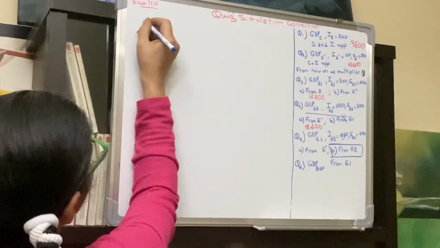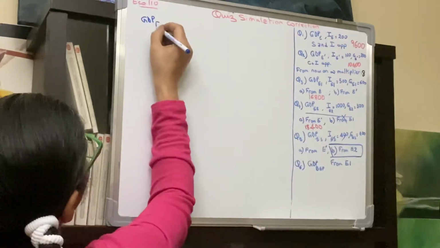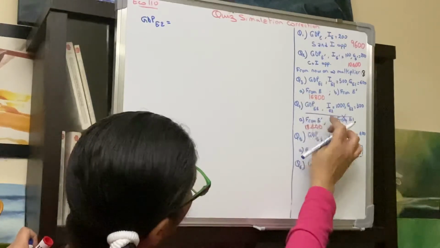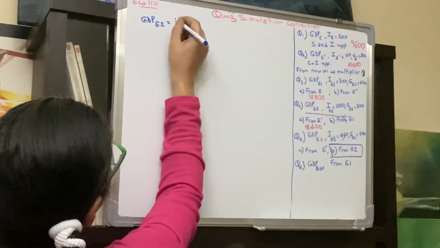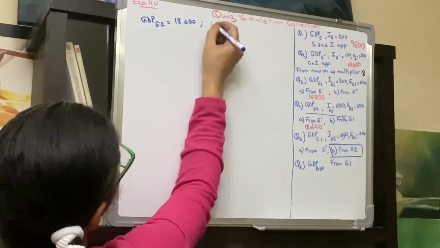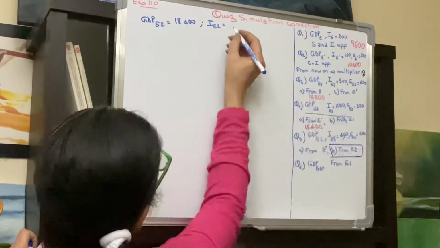So, first thing, GDP at E2 is equal to 18,400. I at E2 is equal to how much? 1000.